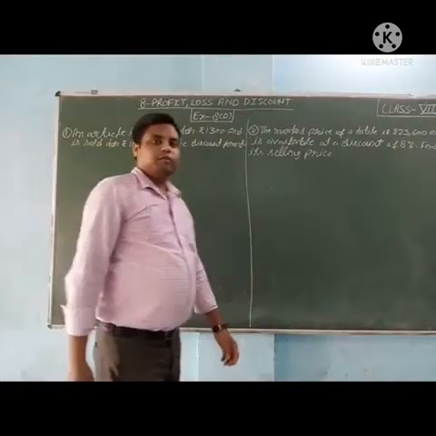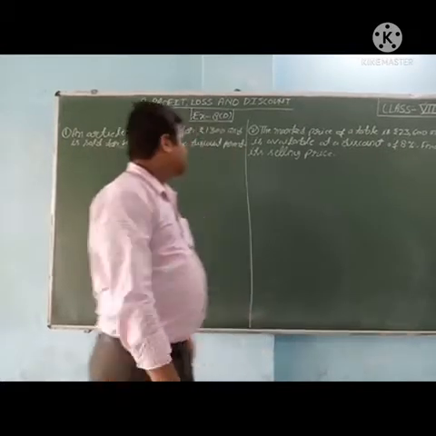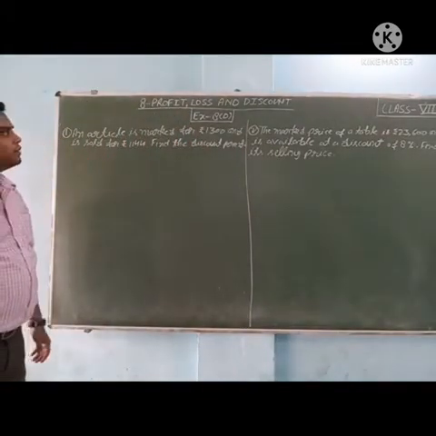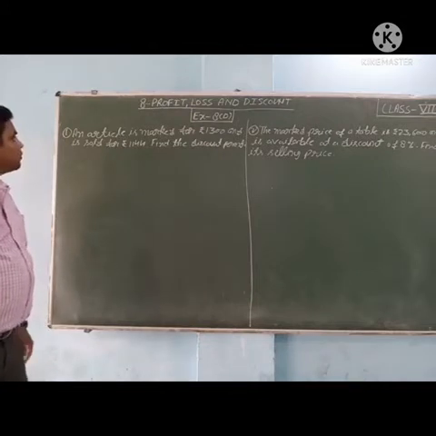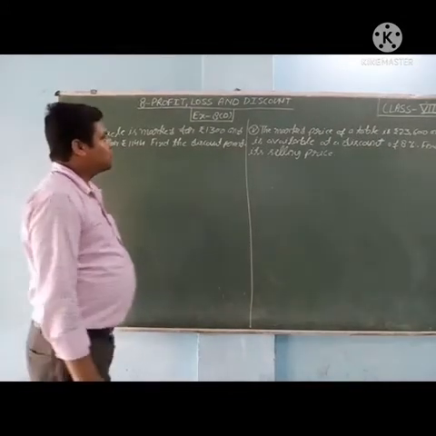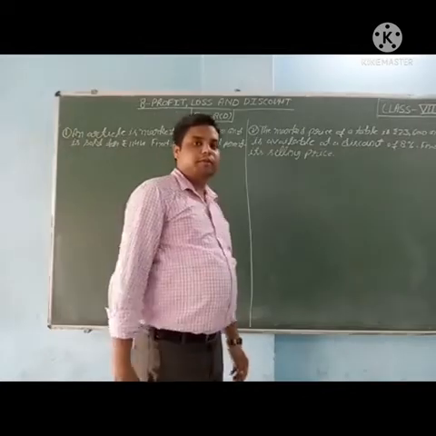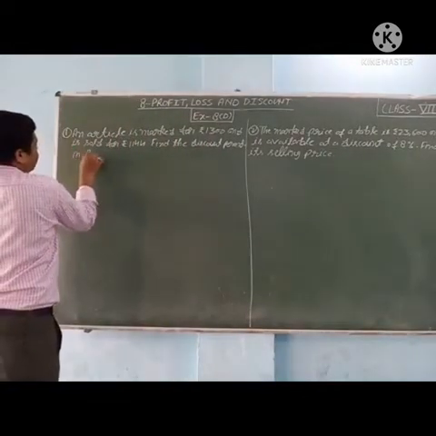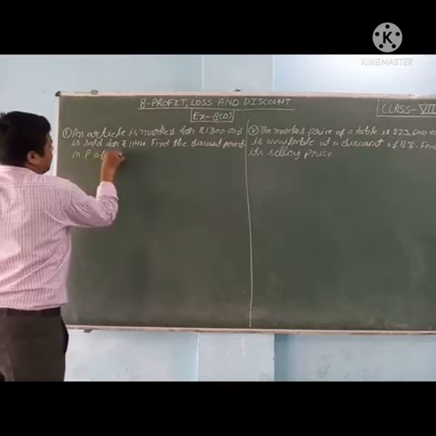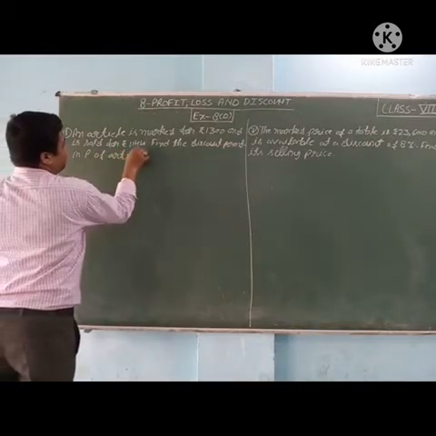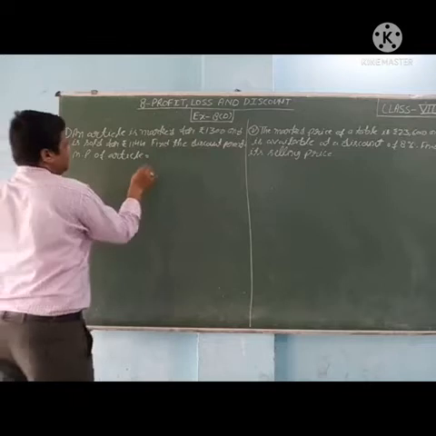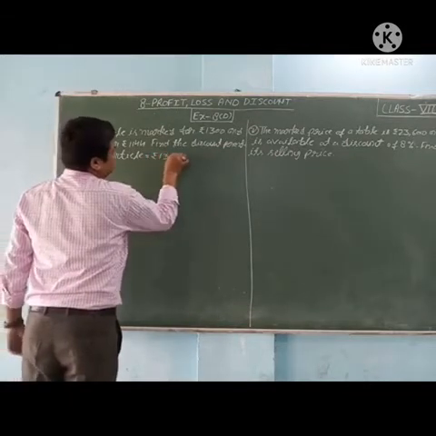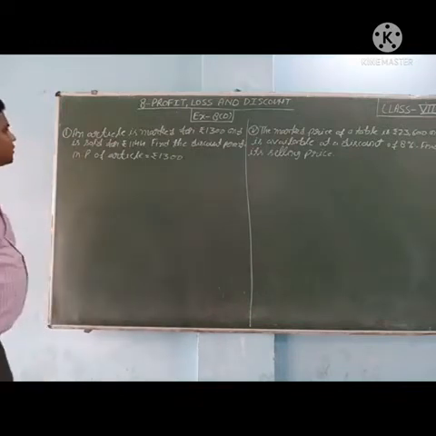Now students, first word problem of exercise 8. An article is marked for rupees 1300 and is sold for rupees 1144. Find the discount percent. So what is given? Mark price of the article is equal to rupees 1300, and it is sold for rupees 1144.